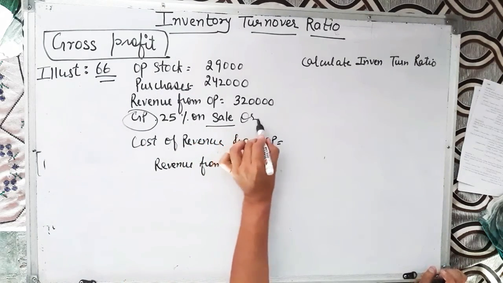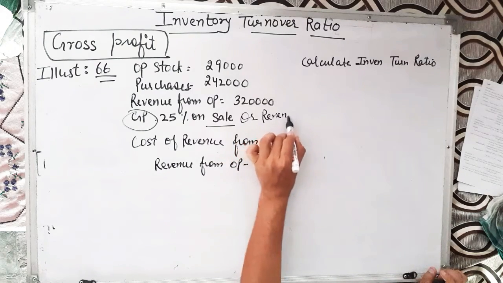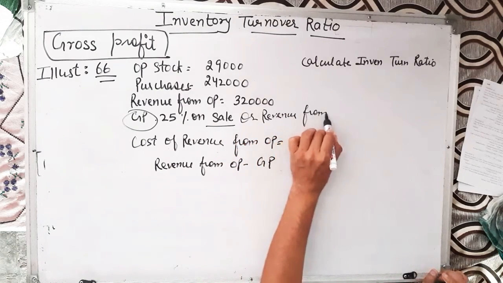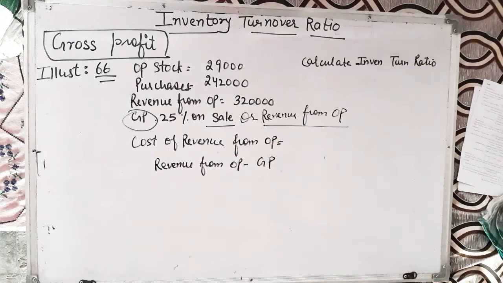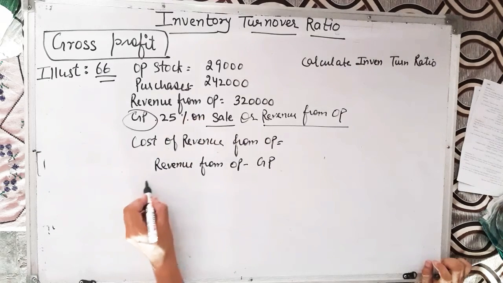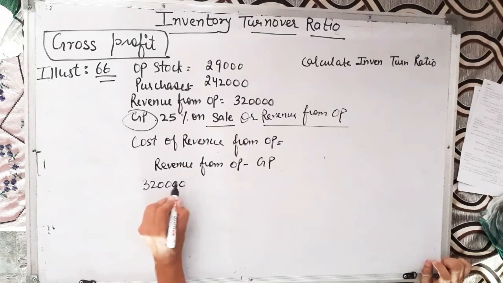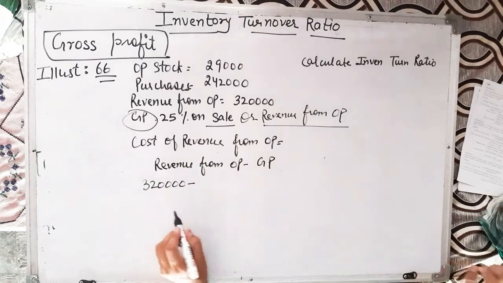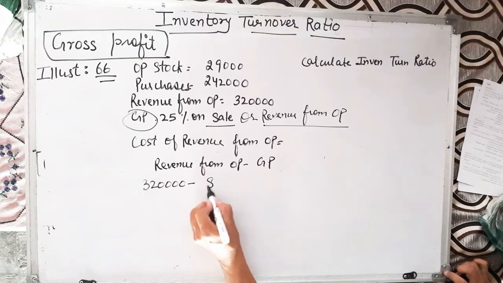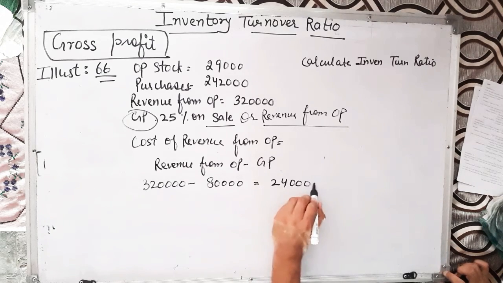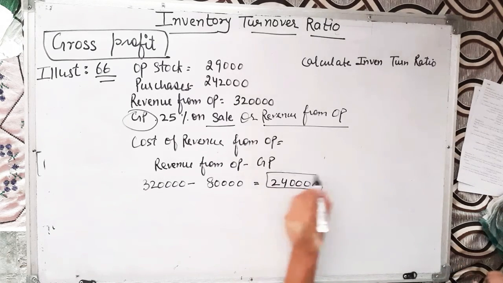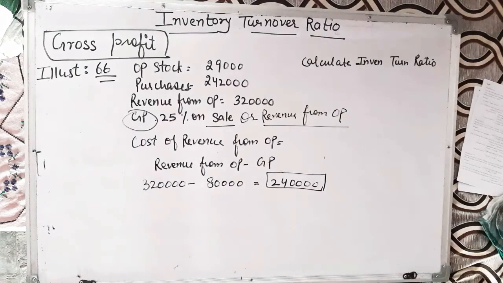Sale means revenue. Revenue from operation and sale are two same things. If revenue is 3,20,000 minus gross profit 25%, that is 80,000, is equal to 2,40,000. Okay, so cost of revenue from operation is equal to 2,40,000.